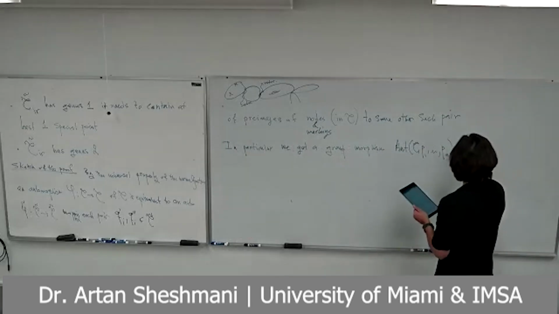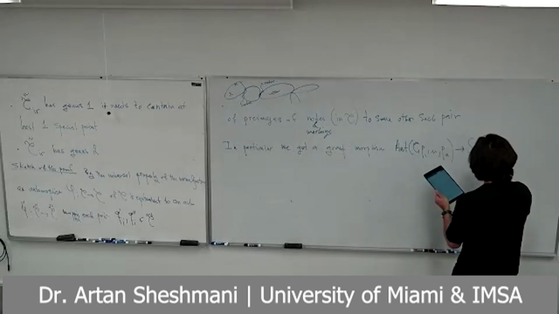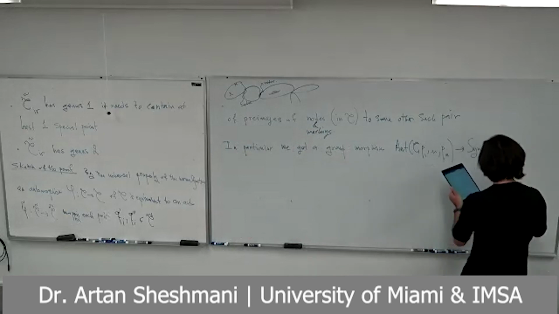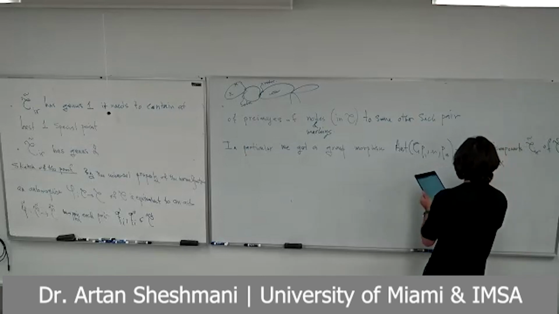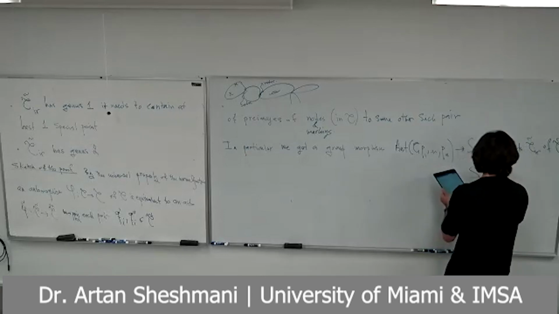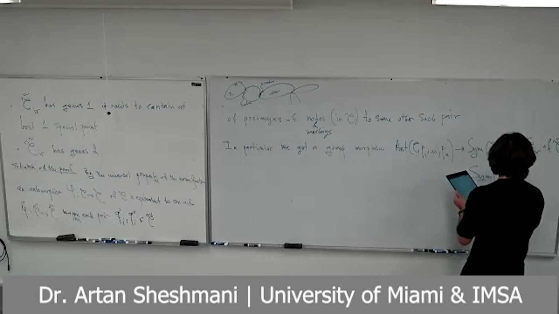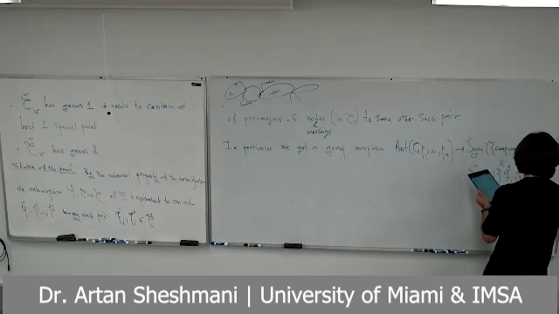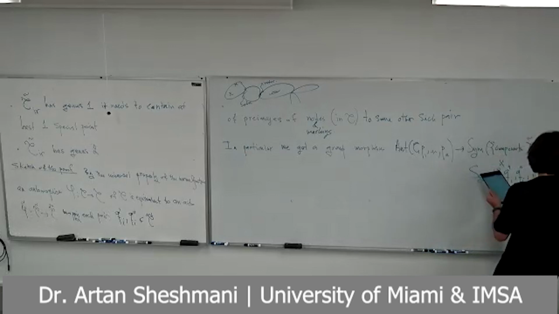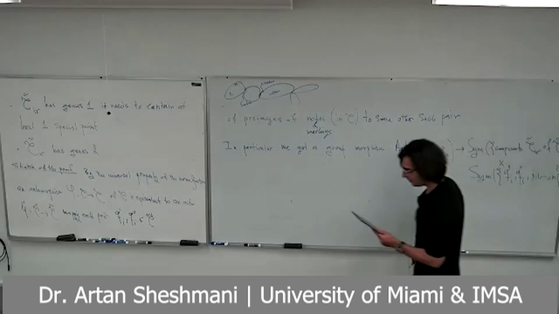To the symmetric group of components, irreducible components of the normalization C tilde, times the symmetric group of Q prime I and Q double prime I from 1 to n. Why?